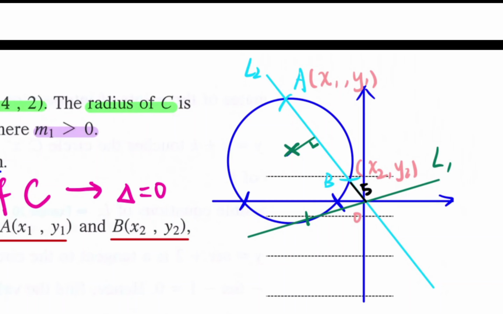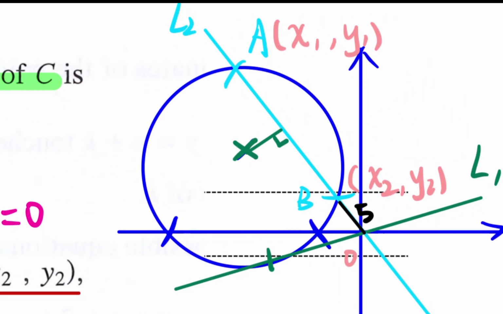So perpendicular, you think about 90 degrees. And also, what is the concept behind? Because OA, this line, the pink line, this one is the chord. AB is the chord of circle C. Then therefore, what we need to think about is that the chord's perpendicular bisector will pass through the center.